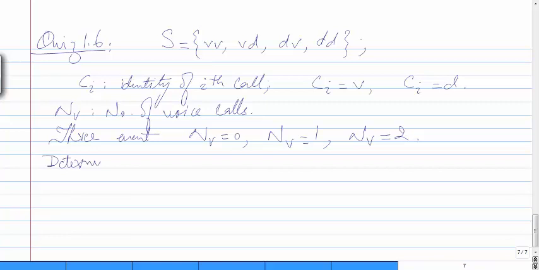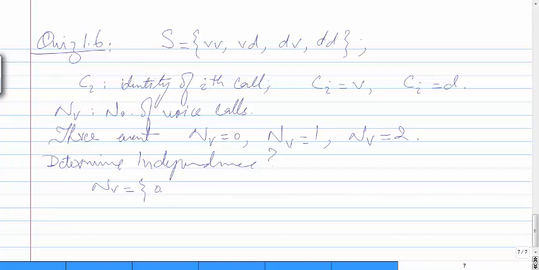Before solving this question, it's better to write the events with the number of voice calls. How many voice calls do we have?